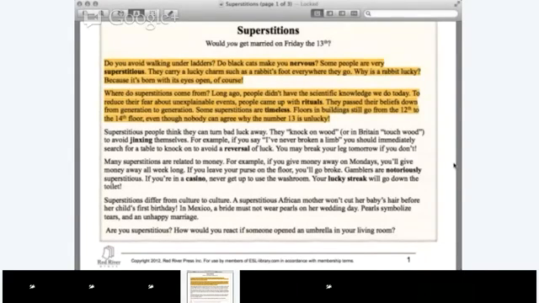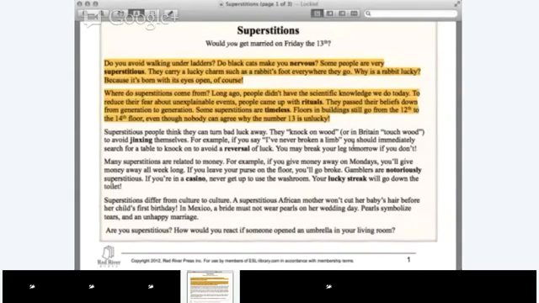Superstitions. Would you get married on Friday the 13th? Do you avoid walking under ladders? Do black cats make you nervous? Some people are very superstitious. They carry lucky charms such as a rabbit's foot everywhere they go. Why is a rabbit lucky? Because it's born with its eyes open, of course. Where do superstitions come from? Long ago, people didn't have the scientific knowledge we do today.